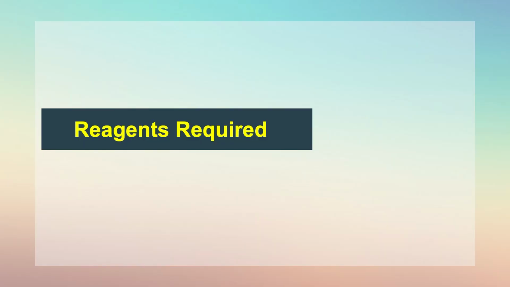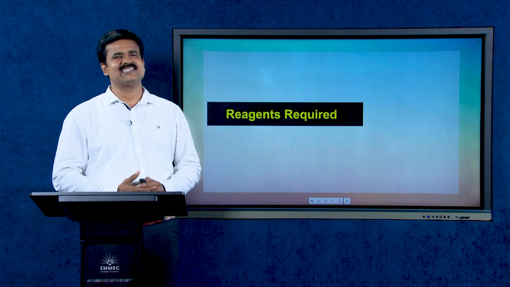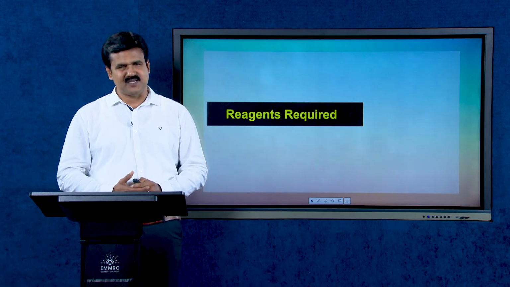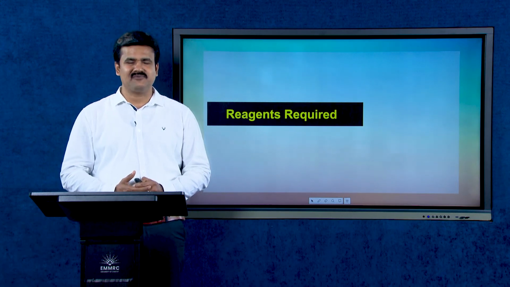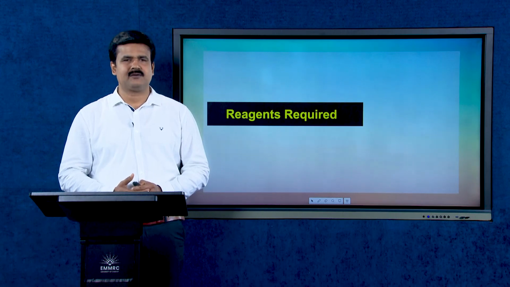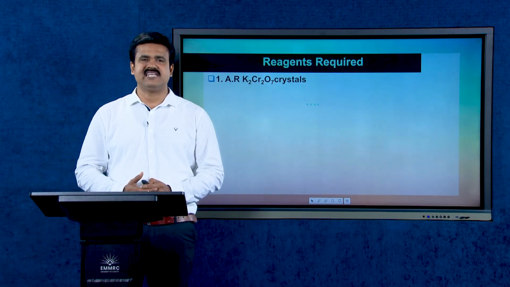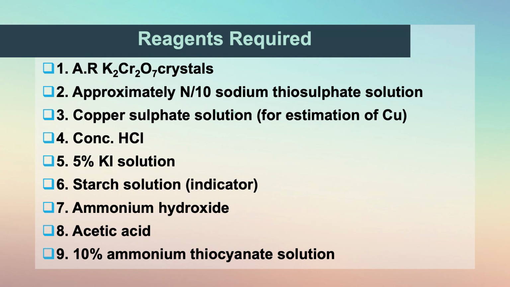Now we are entering into the reagents required for the entire experiment, that is, reagents required for estimation of copper. These are the reagents. First one, AR potassium dichromate crystal. Next, approximately N/10 sodium thiosulfate solution. Copper sulfate solution, which is used for the estimation of copper.